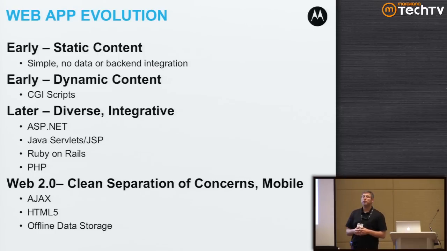Later, we started to get a proliferation of different frameworks for writing very diverse and integrative web apps. You have ASP.NET, Java servlets and JSP pages, Ruby on Rails, PHP. We have all these platforms now for running back-end web apps.